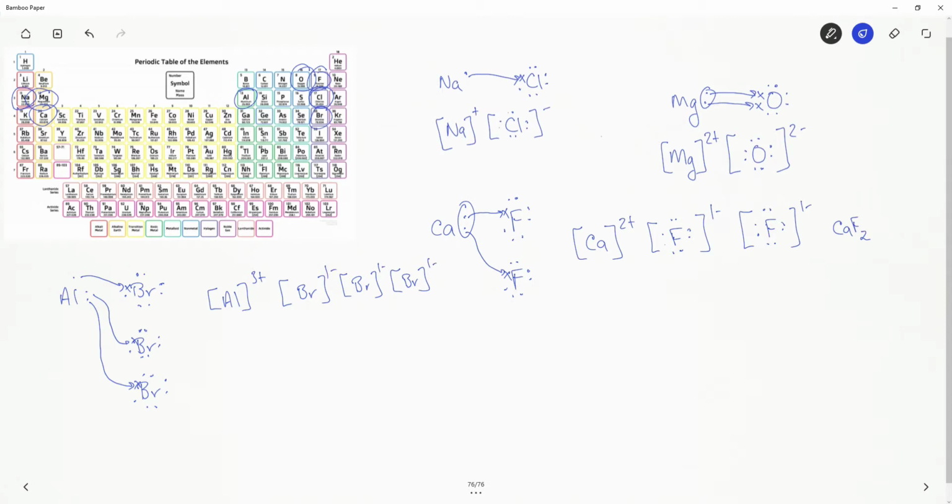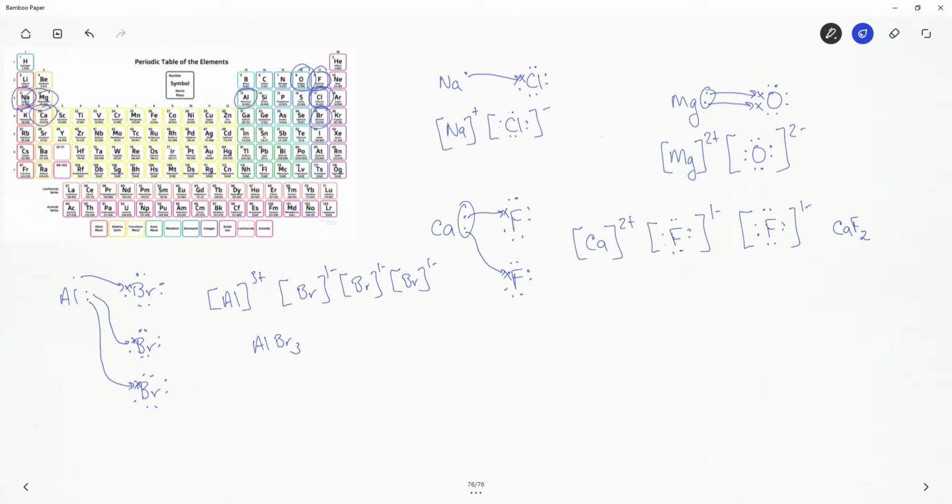Again, if we were to write the molecular formula, this would simply be AlBr3. So by understanding valence electrons and being able to predict the charges that elements will have, we can then predict what kind of compound will form when we bring 2 different elements together.